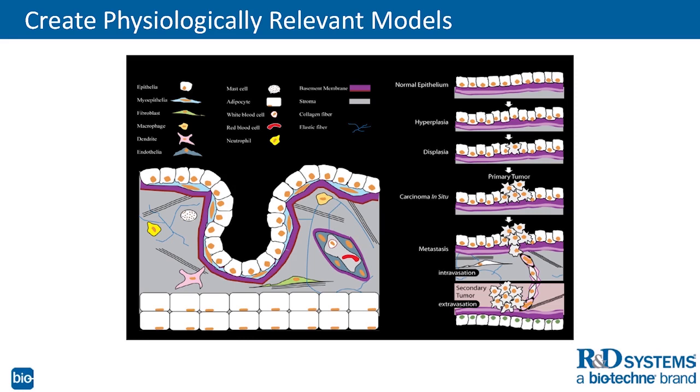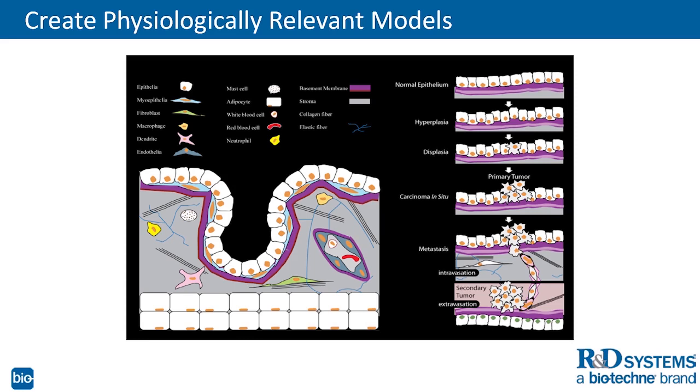And then from carcinoma in situ, it will progress to metastasis, where the cells will invade out of the primary tumor and into the surrounding ECM through the basement membrane, through the connective tissue, enter the vasculature through intravasation, migrate to foreign sites, extravasate out of the vessel and form a secondary tumor.